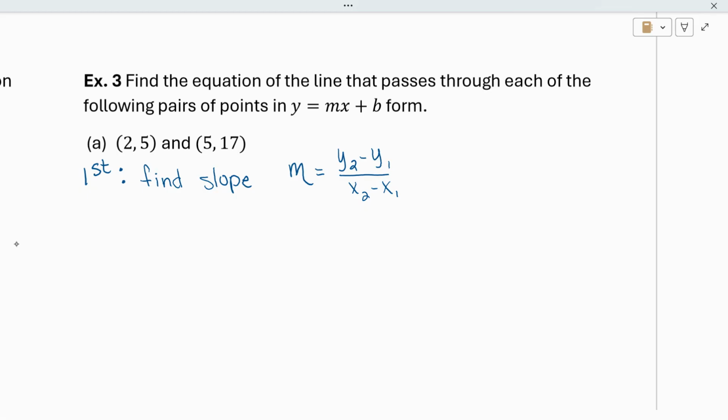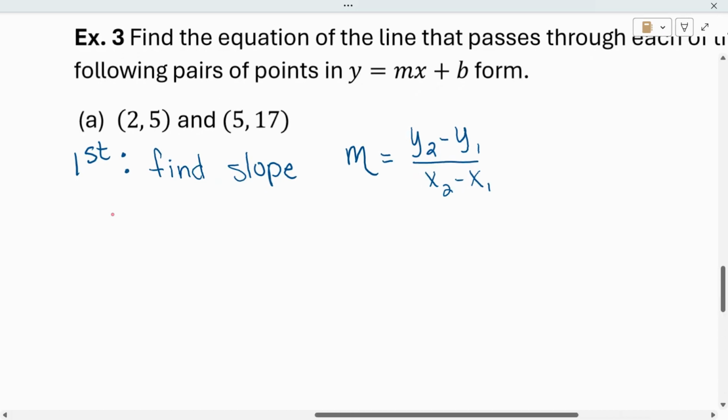I still am going to label them: I'm going to call this first coordinate x1, y1, and my second coordinate x2, y2. Do you guys understand why I label them? Because you need them to be labeled so you don't mix up the order, right?